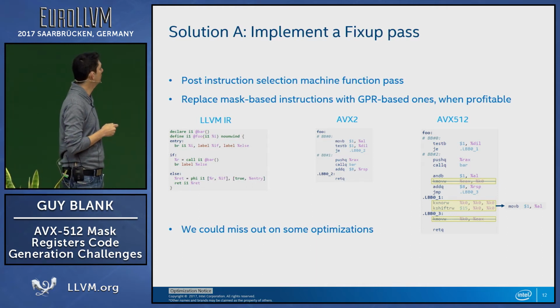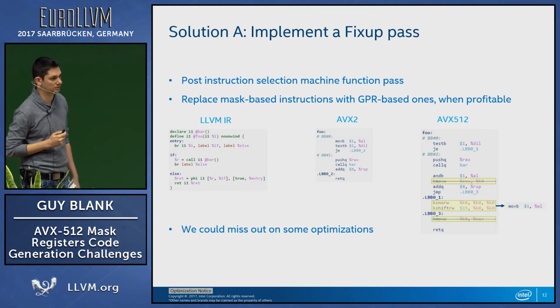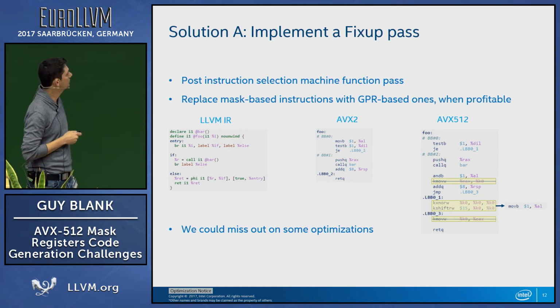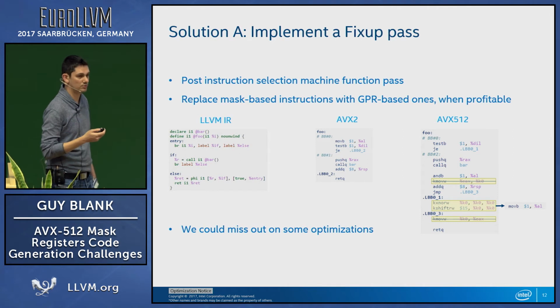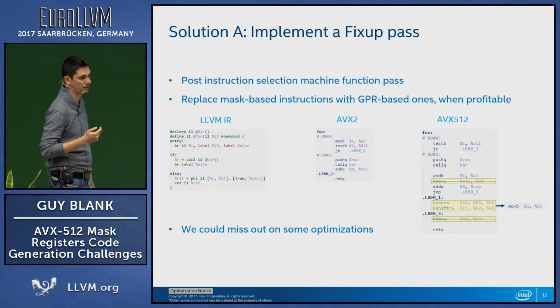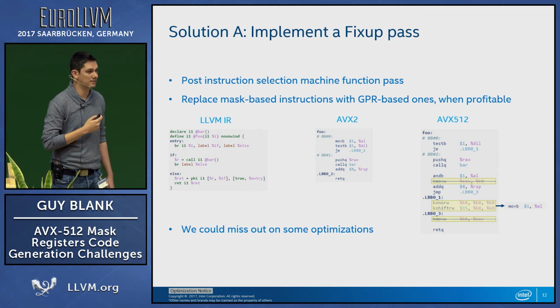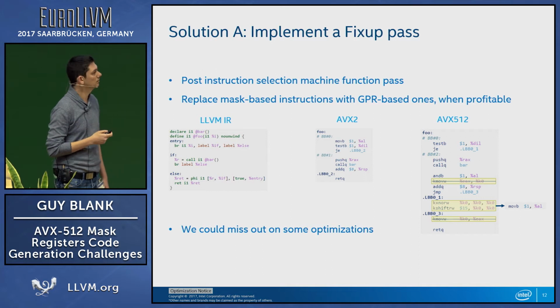The other thing to note here is these two instructions are just generating the immediate of 1 into a register. And in mask-based instructions, there's no instruction to do it. There's no 1 instruction. So the XOR and the shift are just generating the value of 1. In this case, it is probably easy to recognize in a pass.